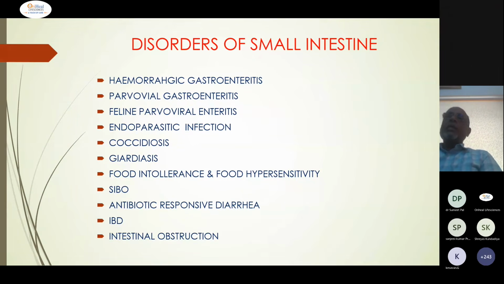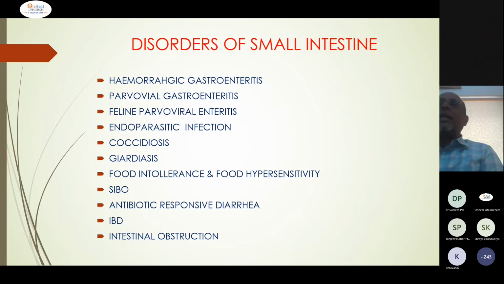So let us see what are the problems you see in your day-to-day practice. One by one we'll see. We will deal with hemorrhagic gastroenteritis, then parvovirus gastroenteritis, because many vets, I'm in multiple groups, always keep discussing the protocol for parvoviral enteritis, because they lose pets.